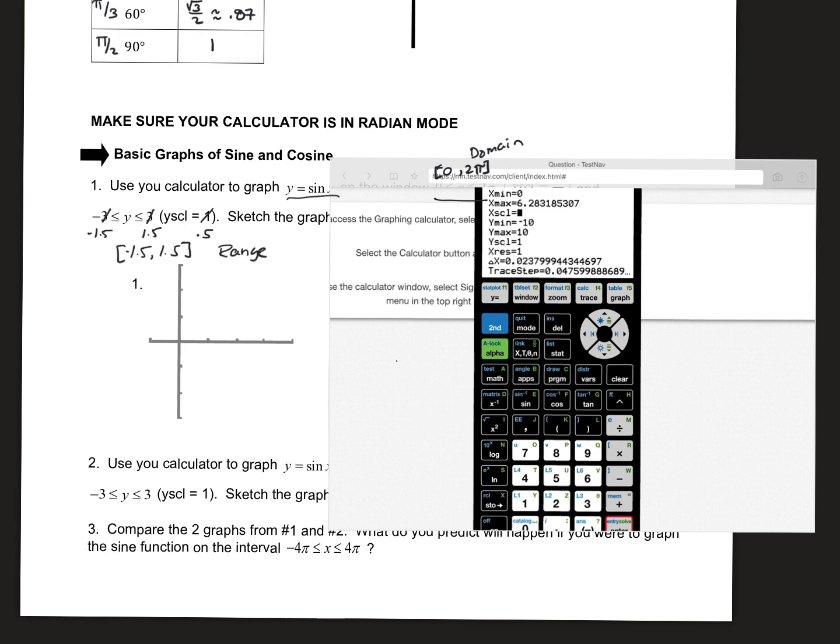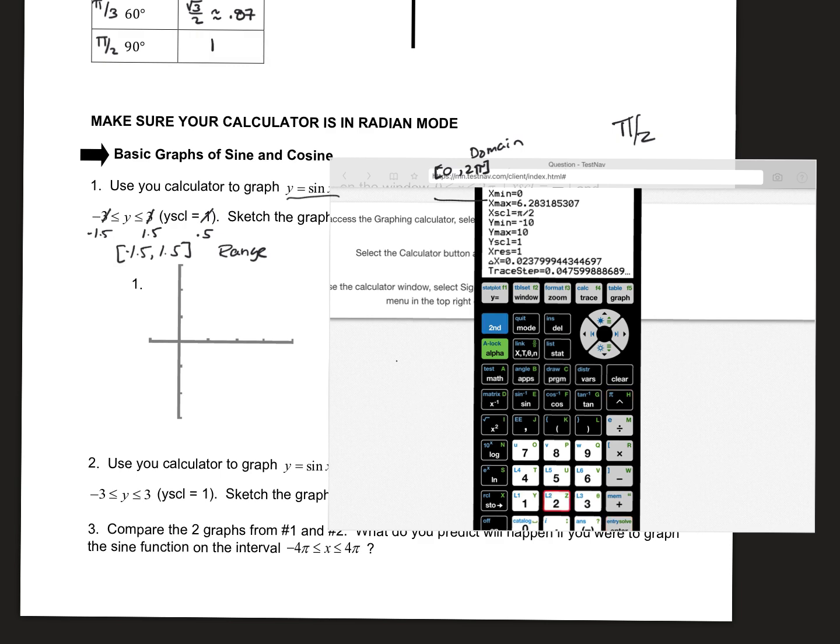Now the x scale, I had the x scale covered up, but the x scale we said had to be pi over 2. Okay, so make sure that when we do this, we're going to do pi, so that's going to be, again, second, caret, divided by 2.